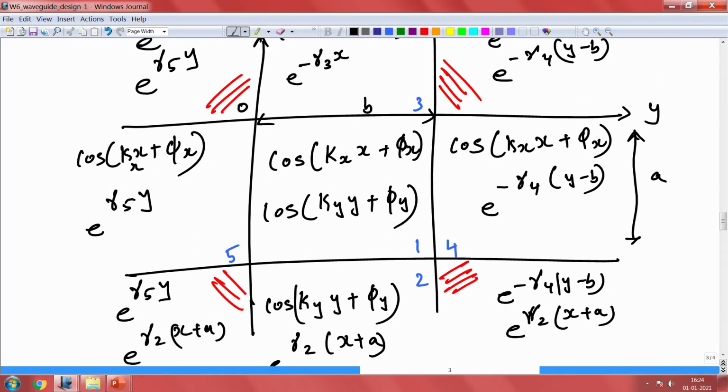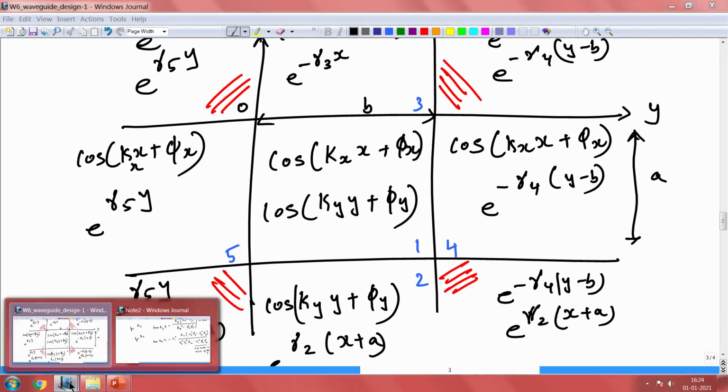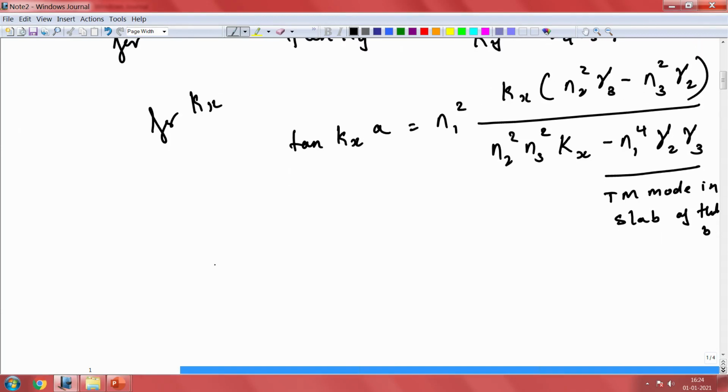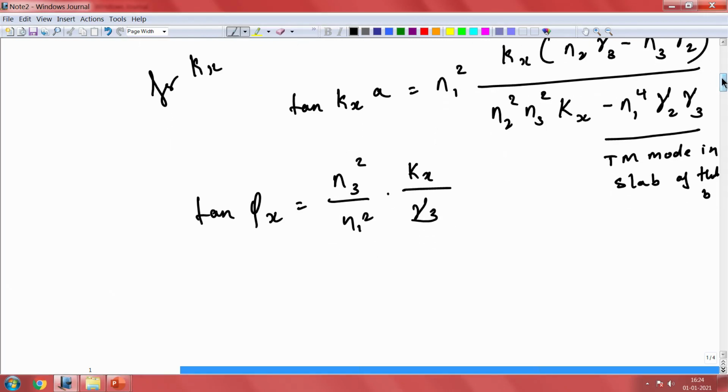We have phi x and phi y, the phase component inside each boundary, given by the following equation. Tan phi x is nothing but, at least in this case, n3 squared by n1 squared times kx over gamma 3. So, this is for region 3 and 5. Next, tan phi y is nothing but minus gamma 4 divided by ky.